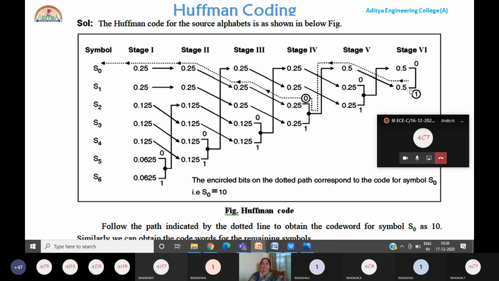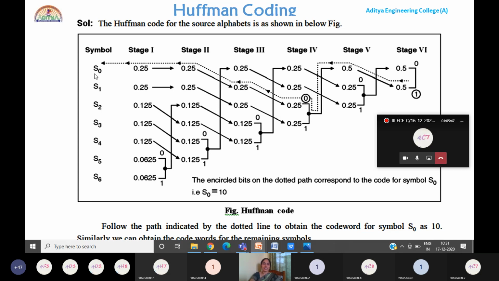Identify the assigned values in the reverse order, following the path of the corresponding symbol. Please remember this: the code word for Huffman encoding of a particular symbol can be calculated by observing the path of the symbol in the reverse direction.